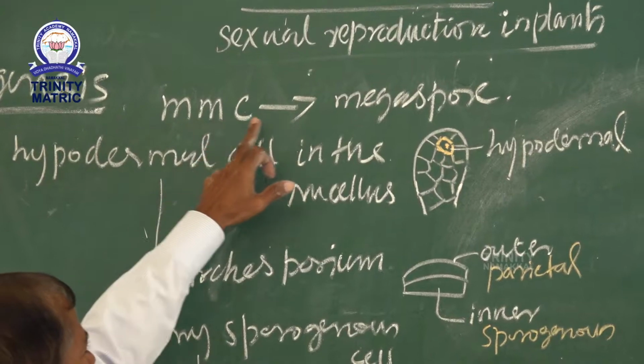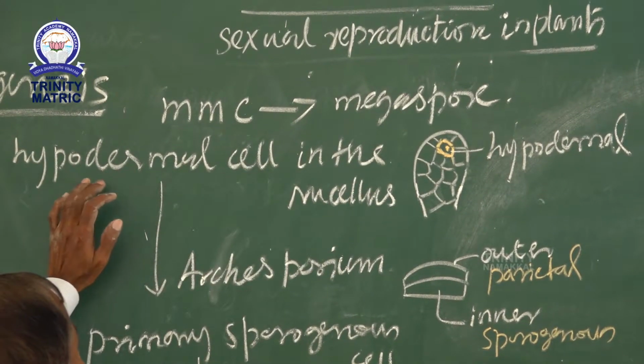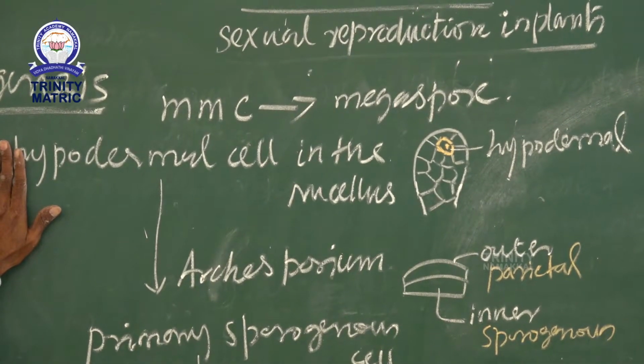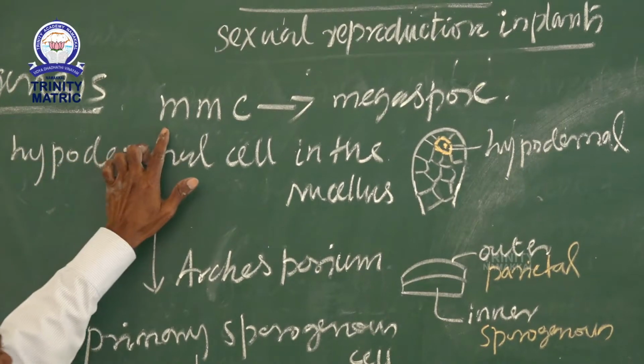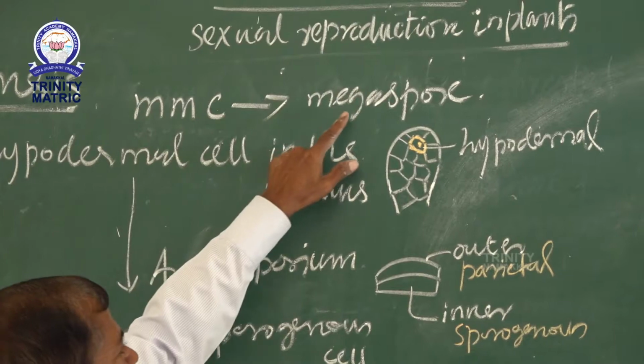Some of these hypodermal cells in the nucellus develop into a megaspore mother cell, which gives rise to megaspores.